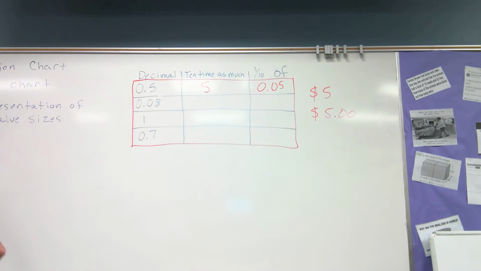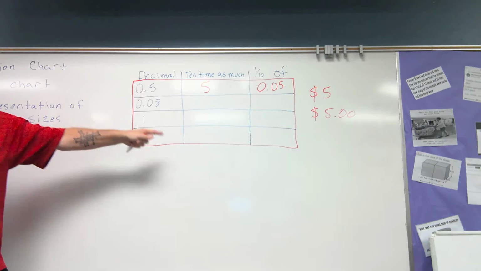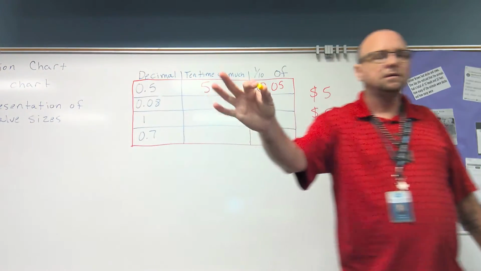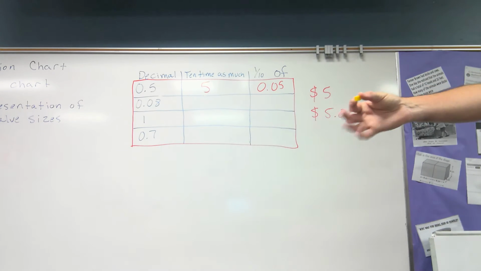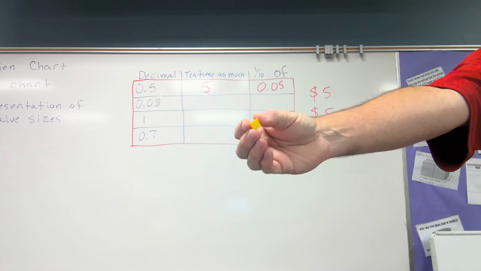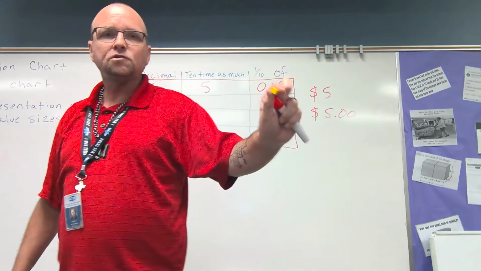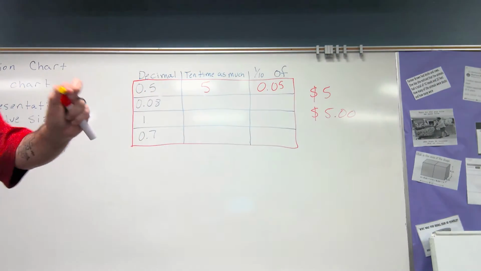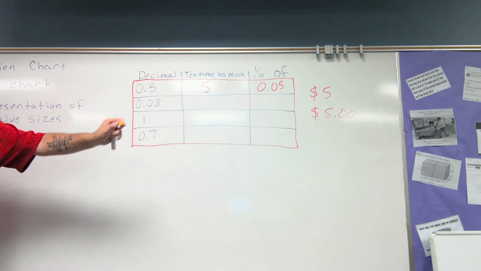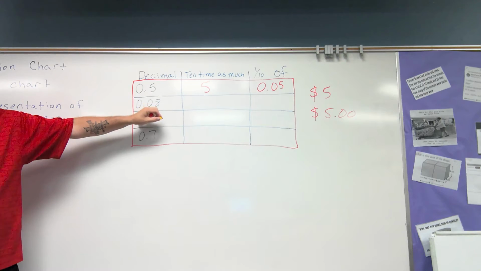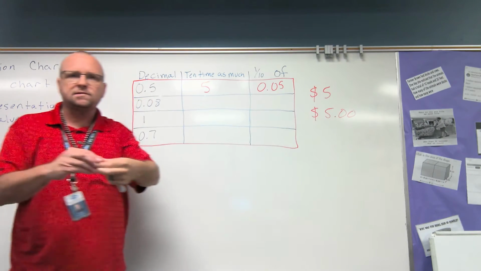All right, so we have 8 hundredths, 8 of these. Now I want to find what 1/10 of that is. Is it going to be greater than, or I'm sorry, 10 times as much? Back up. I have 8. We're on the second one. I have 8 of these.